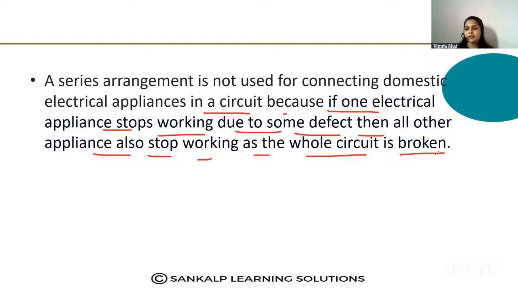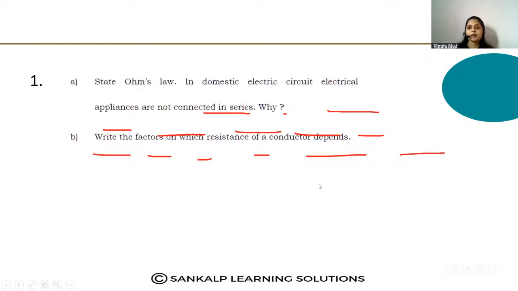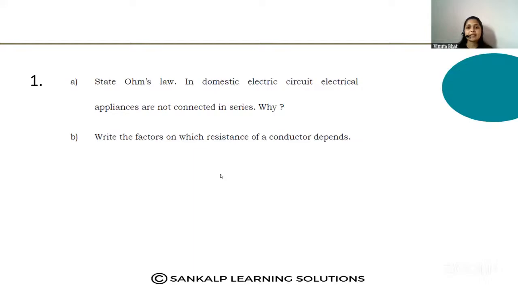For this reason the electrical devices are not connected in series. They are connected in parallel because it does not divide the electric current. So electric current flows through each appliance, that is the same. Because of this reason also, domestic electrical appliances are not connected in series.